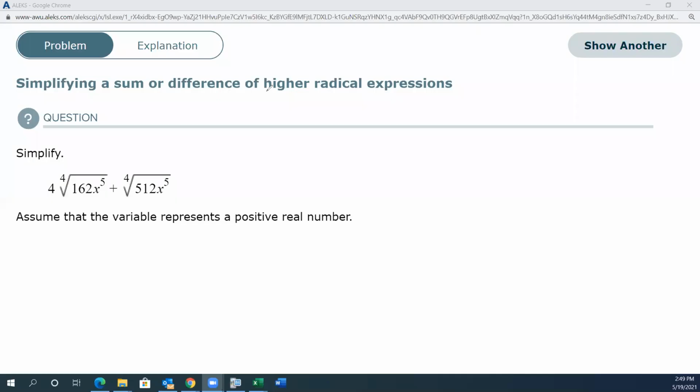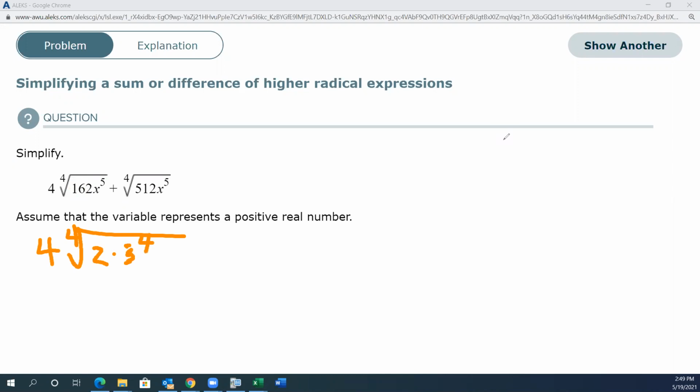Now we do the same thing one more time, except this time it's not a square root. It's a fourth root, but other than that, nothing very exciting. So we got 4 times the fourth root, and it turns out if you factor 162, that's 2 times 81, which is 3 to the 4th.